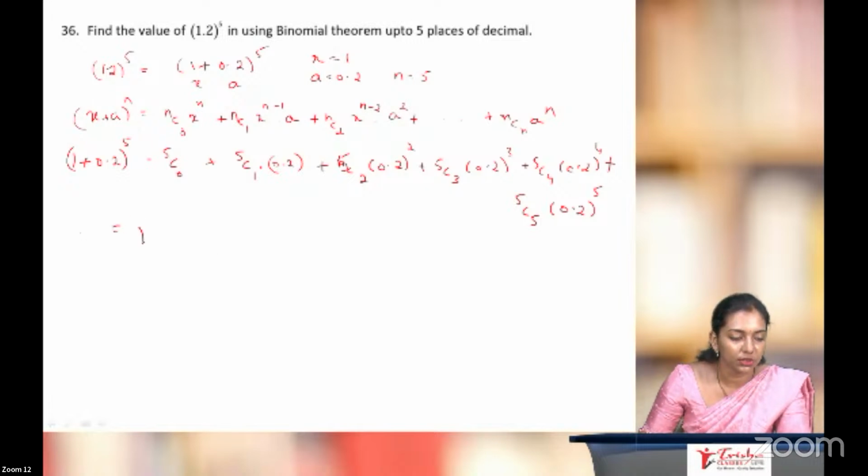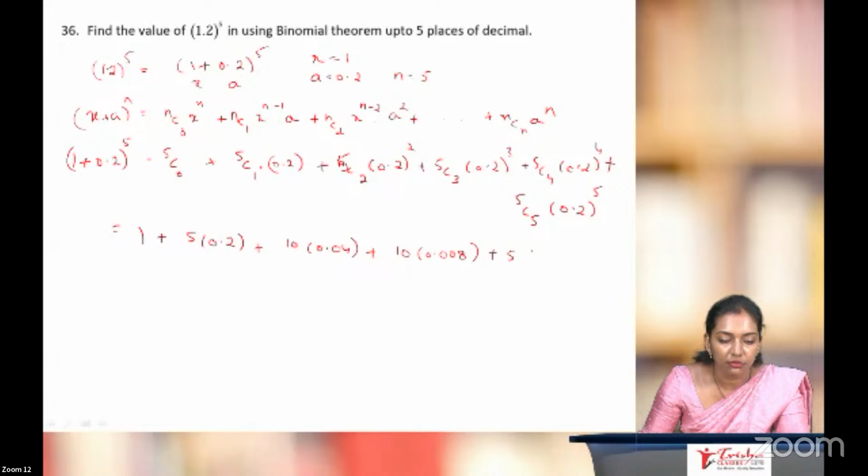Just expand this. So here you get 1 plus 5C1 is 5, 0.2, plus 5C2. So here Pascal's triangle goes in that format: 1, 5, 10, 10, 5, 1. So here you have 10 and 0.2 whole square, so 0.04, plus 5C3, again it is 10, so 0.008.